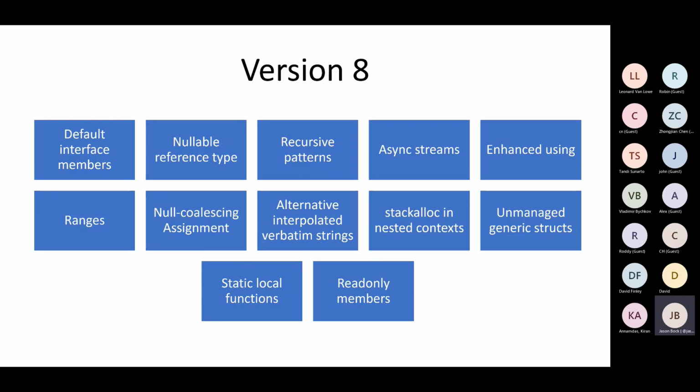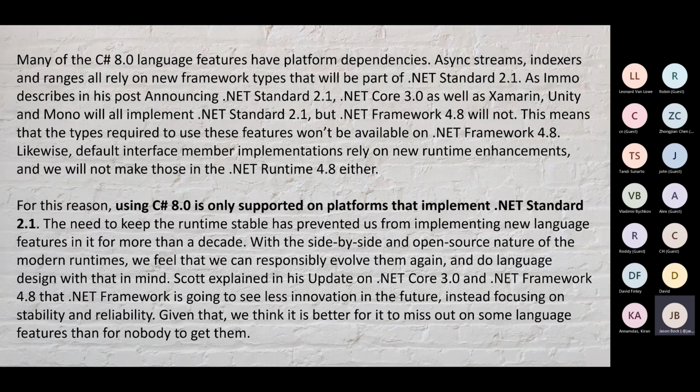And if you look at the link that I have where I pulled all this wall of text from, the thing in bold to notice is that C# 8 is only supported on platforms that implement .NET Standard 2.1. So if you're on .NET Framework, that's pretty much frozen at this point. And if you want to keep getting all the new features and all the new performance improvements and so on, the train to be on is, well, what was .NET Core and is now .NET 5 and beyond.